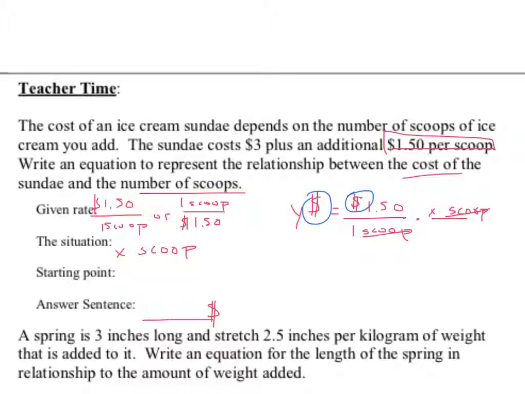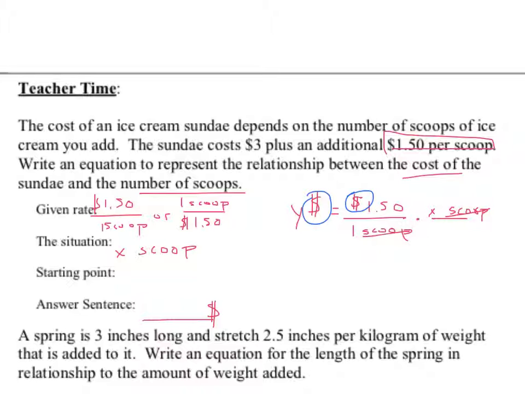Now, whenever we do this and we leave our equation like this, that suggests that our equation starts at 0, 0. In other words, at this point, I would suggest that the starting price of the sundae is $0. Is that true in this problem? No, what is the starting price?